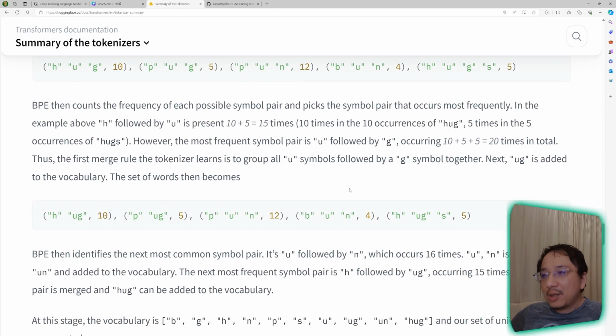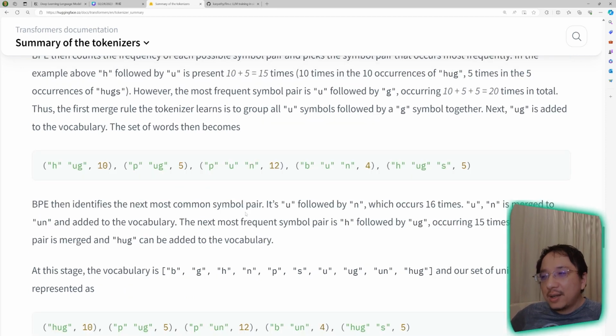Then we spell every word by using our new dictionary. So we get HUG, PUG, and HUGS with the new token. Then we do this again.